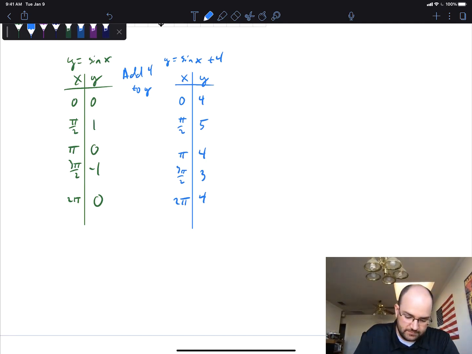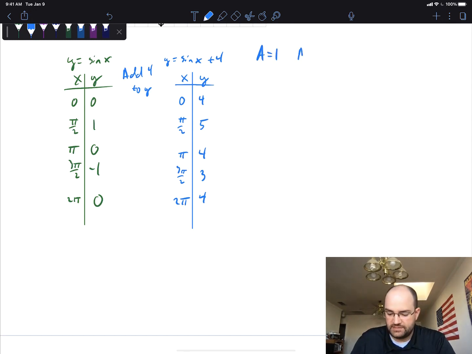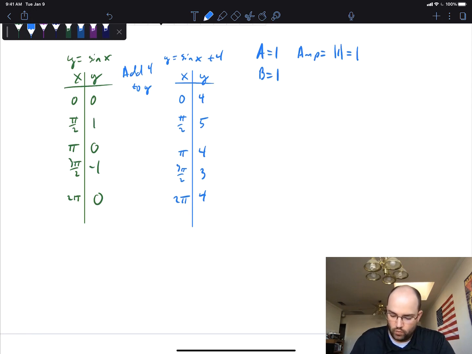Now notice something: first of all, a here is 1, which of course means that the amplitude would be the absolute value of 1, which is 1. B here is 1, it's the number in front of x, so the period is 2 pi over b, which is 2 pi over 1, which is 2 pi.